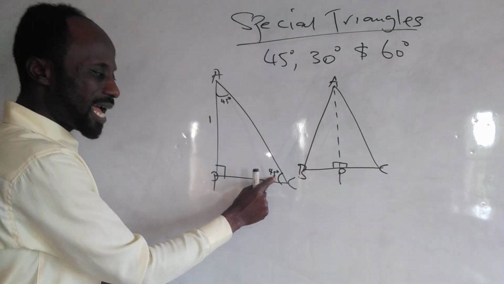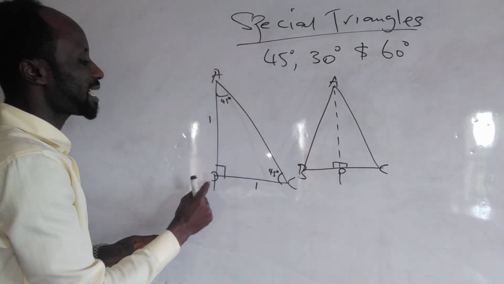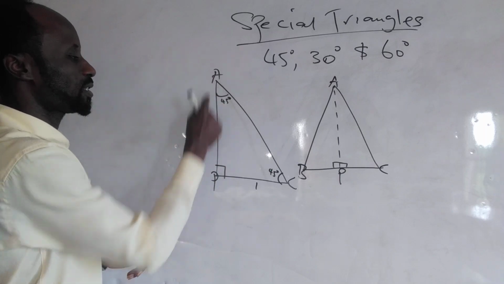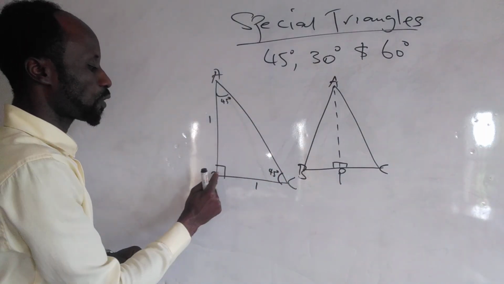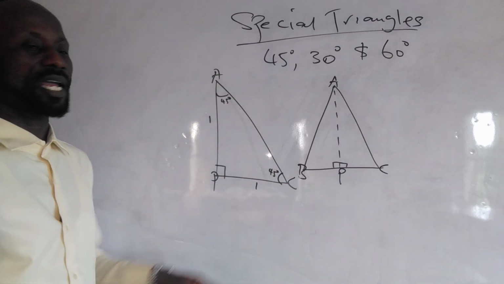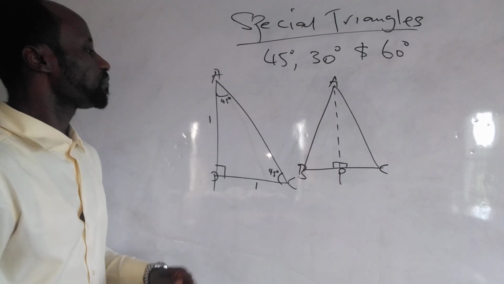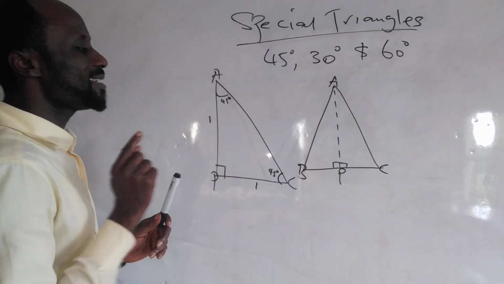Take note, now I am considering 45 degrees. Meaning that this side is corresponding to this angle. This is the opposite, this is the adjacent, and of course the side corresponding to angle 90, that is the AC, remains the hypotenuse.